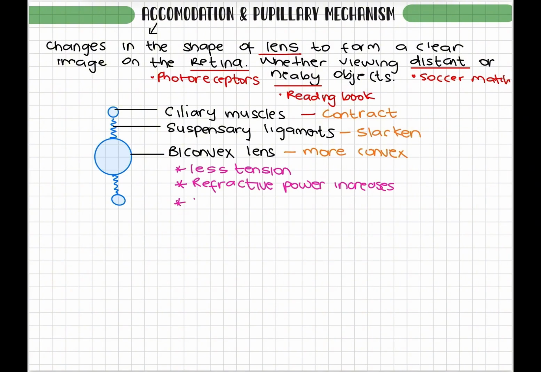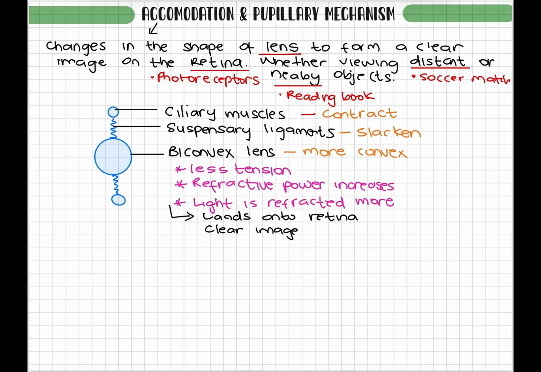This means that light is going to be refracted more, and then the light will bend and land onto the retina to form a clear image. This key statement that light will land onto the retina and a clear image forms is very important to mention.